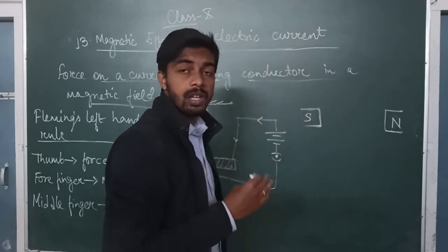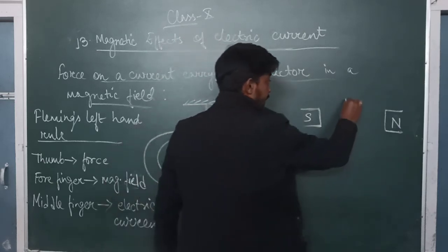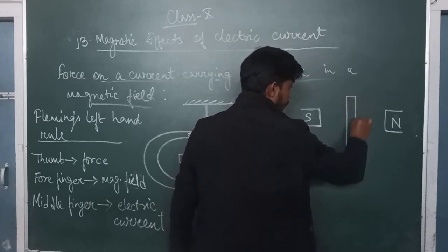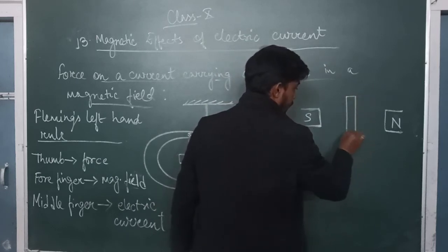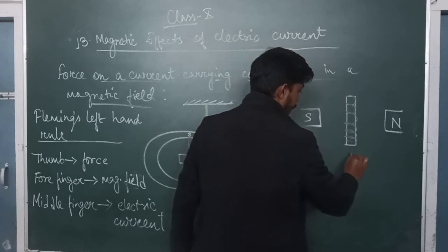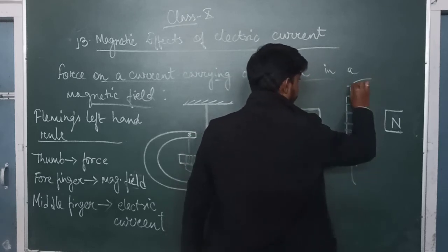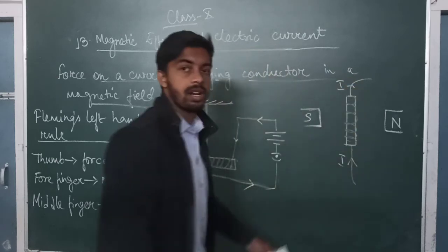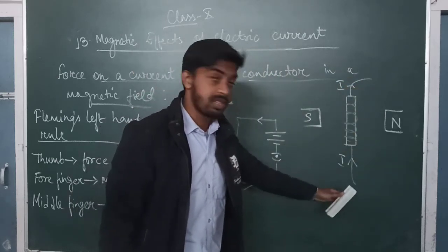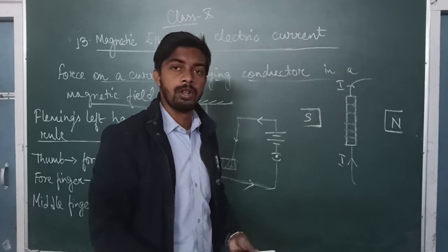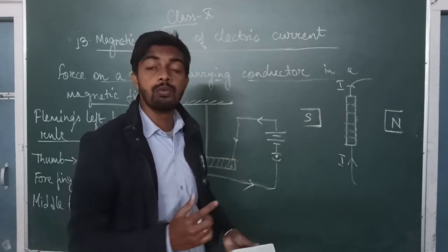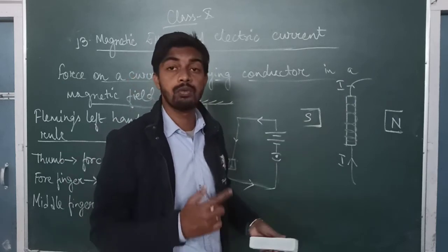And then a conductor is placed like this, and current is passing in this direction, going from bottom to top.